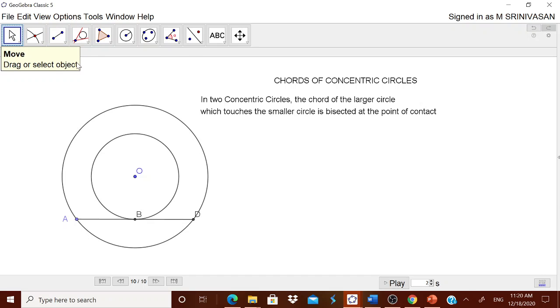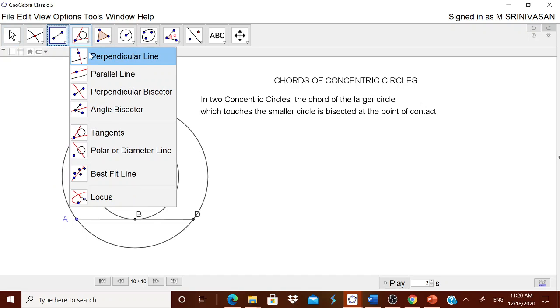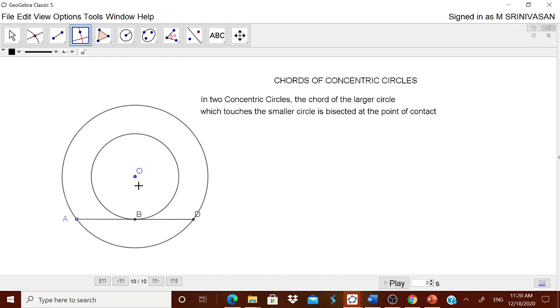It is left. Now let us try to draw one perpendicular. We'll go for the perpendicular line to this through this. Let me join this segment now because I want the segment. I have to show that it bisects. Okay, this segment. Now let me show the object.